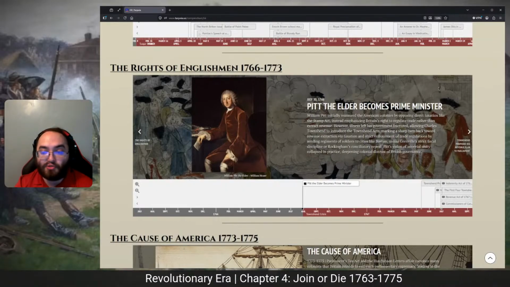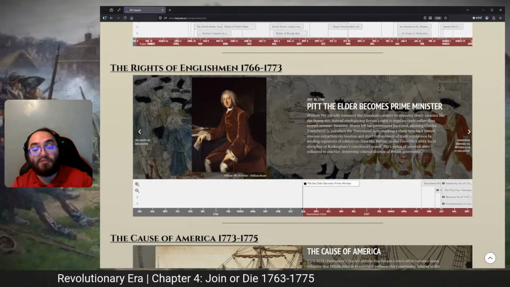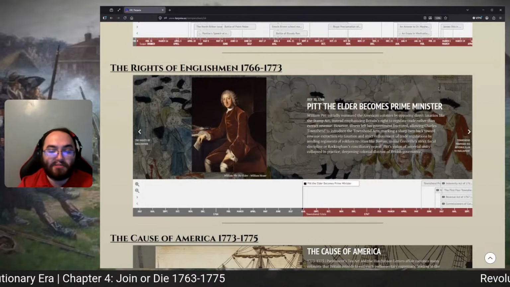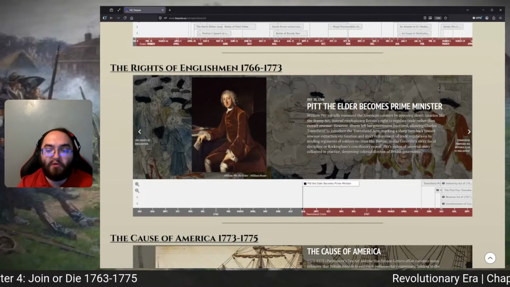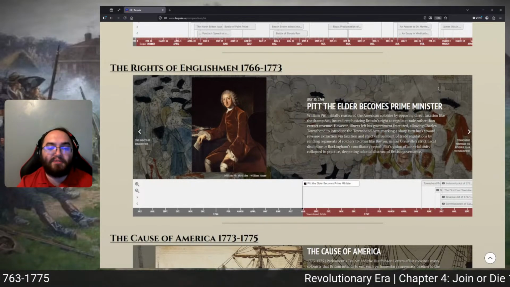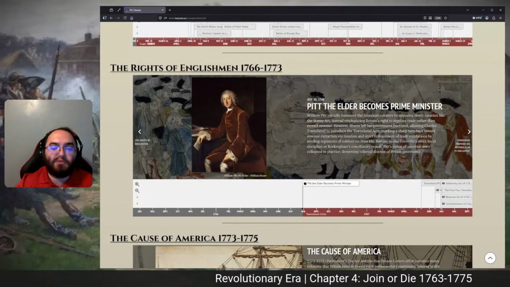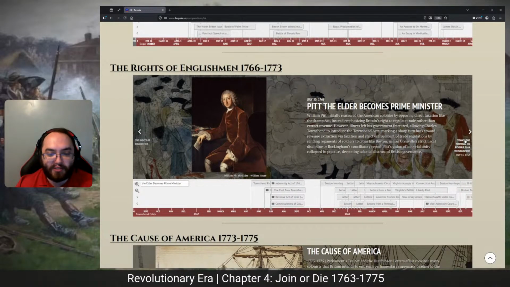Unlike Grenville's strict financial or fiscal discipline or Rockingham's conciliatory repeal, Pitt's vision of imperial unity collapsed in practice, deepening colonial distrust of British governance.